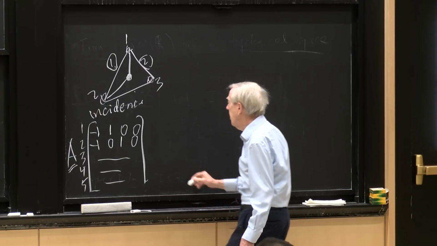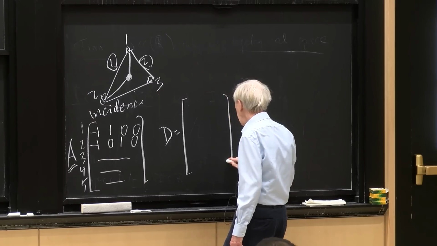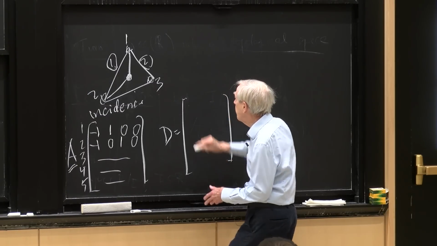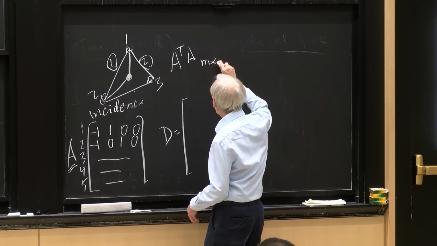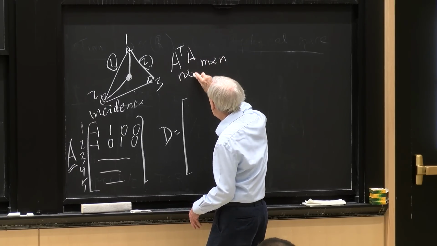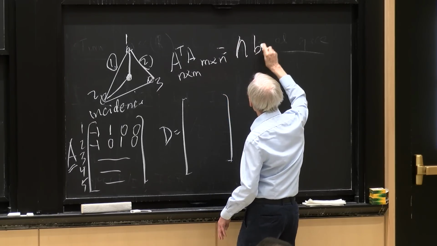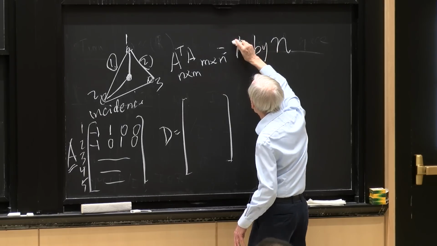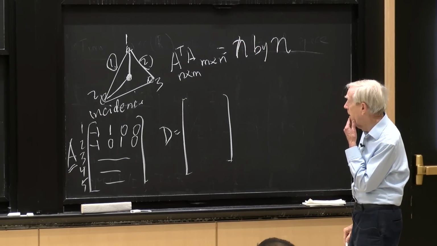Okay, what's the degree matrix? That's simple. Well, A transpose A, this is M by N, this is N by M, so it's N by N. In this case, 4 by 4.